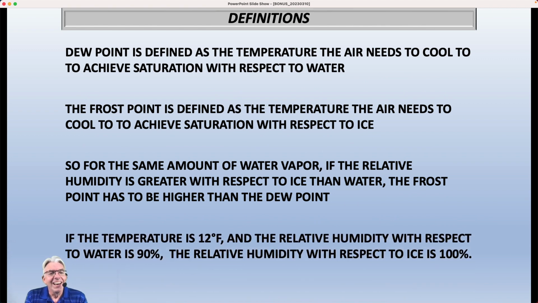Okay, you with me? So if the temperature drops to 12 degrees Fahrenheit and the relative humidity with respect to water is 90%, the relative humidity with respect to ice is now 100%. So with respect to ice, the air is saturated. With respect to water, it's not.